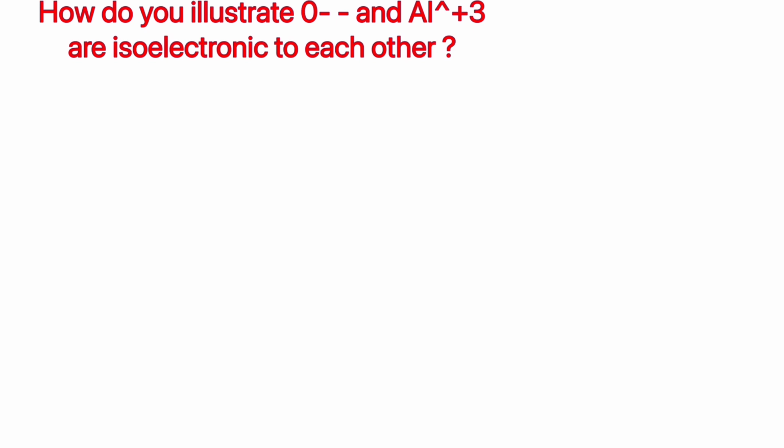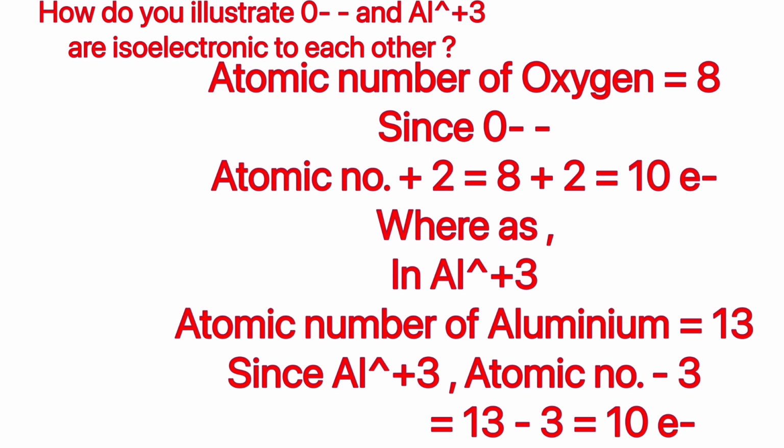Okay, let me ask you one question. How do you illustrate that O-- and Al+3 are isoelectronic with each other? Let me say, for O--, the atomic number of oxygen is 8. Since oxygen has 2 negative charges, 2 electrons are added to the oxygen, so oxygen now has 10 electrons.